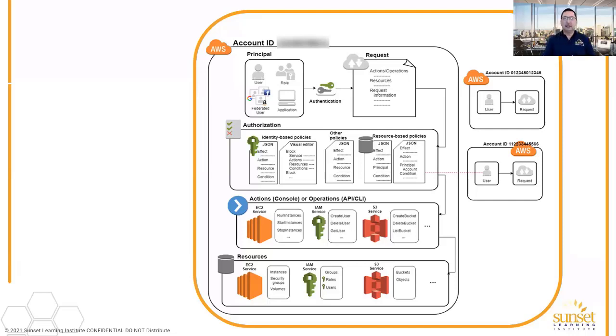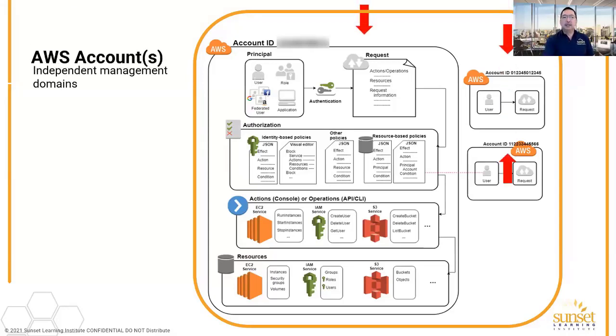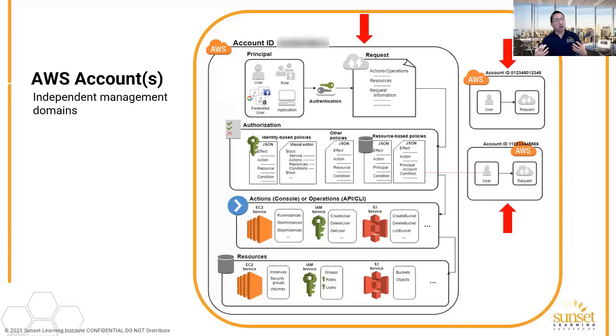But before we get in there, let's talk real quick about the components and the pieces that are necessary here. And I apologize in advance. This is kind of an eye chart here, and there's a lot going on in this picture. But what we'll notice here is when you go to AWS and you create an account, the first thing you do is you provide a username in the form of an email address, and you create a password, hopefully a strong, hard to guess password.